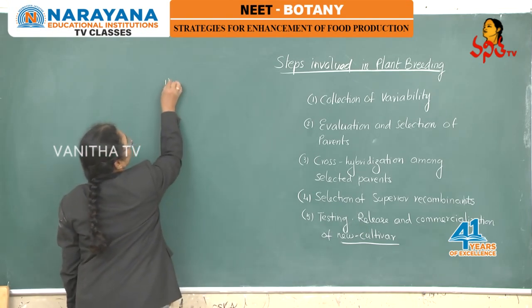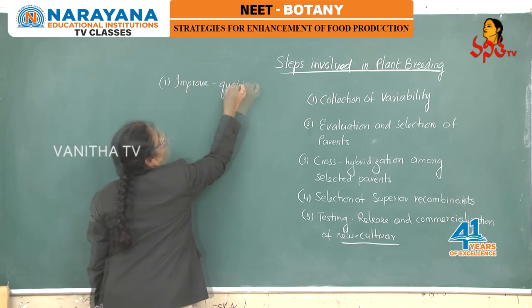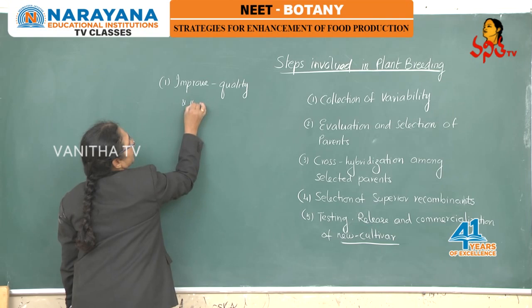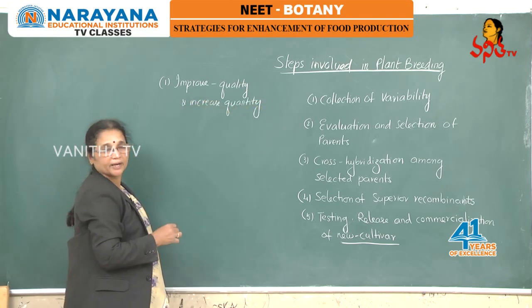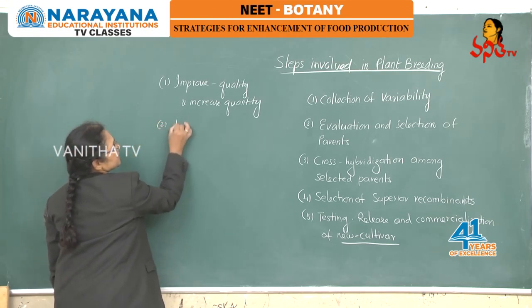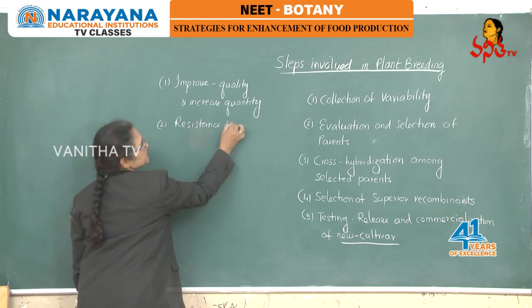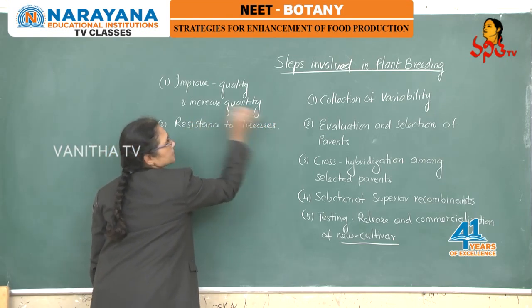First one is improved quality and increased quantity. Improved quality and increased quantitative production of the crop. Second one is resistance to disease causing organisms.